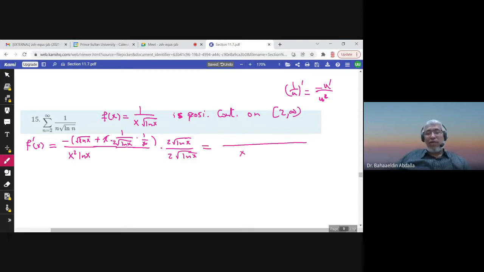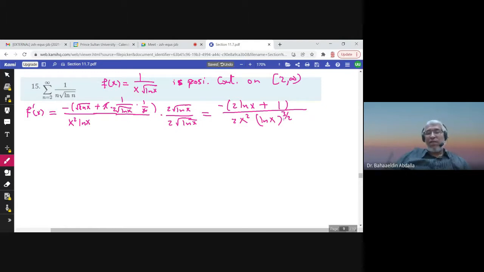So I will have x squared times 2, and ln x I'll have it to the power 3 over 2, power 1 and power half here. And now I have a minus sign, and I'll get here 2 square root of ln x times square root of ln x, plus, if I multiply this by 2 times square root of ln x, I'll just get 1.